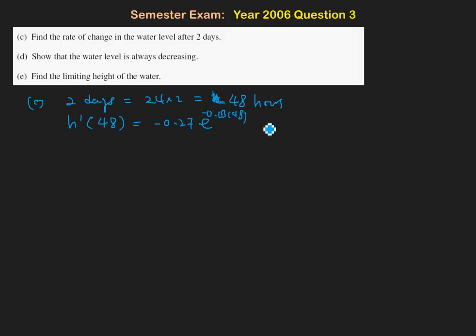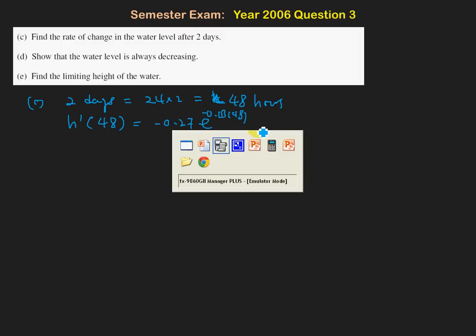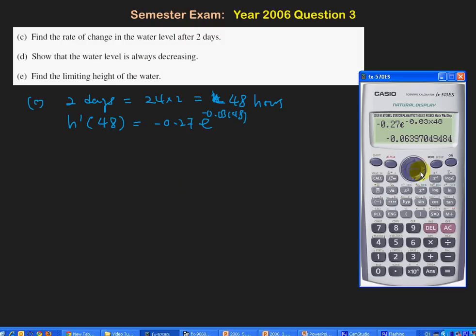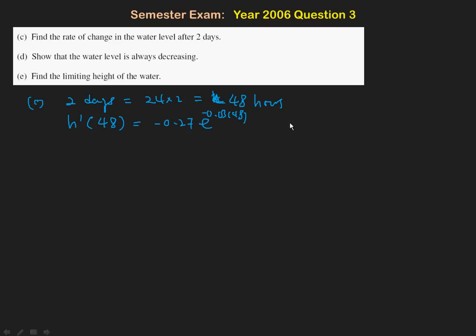I've entered this into the calculator. As you calculate this, you find the value is roughly negative 0.06397, but we're going to express it correct to 3 significant figures.